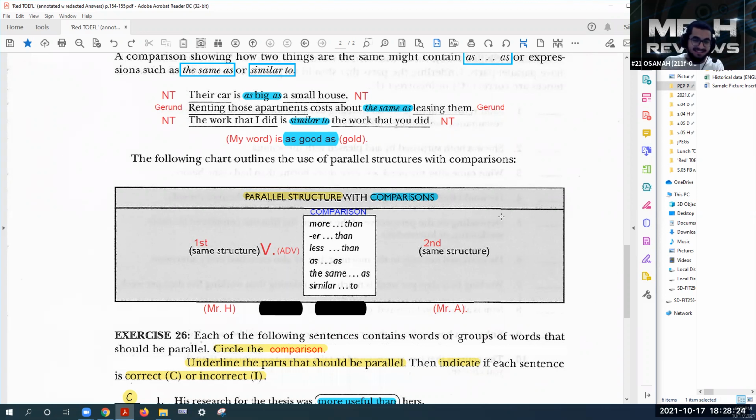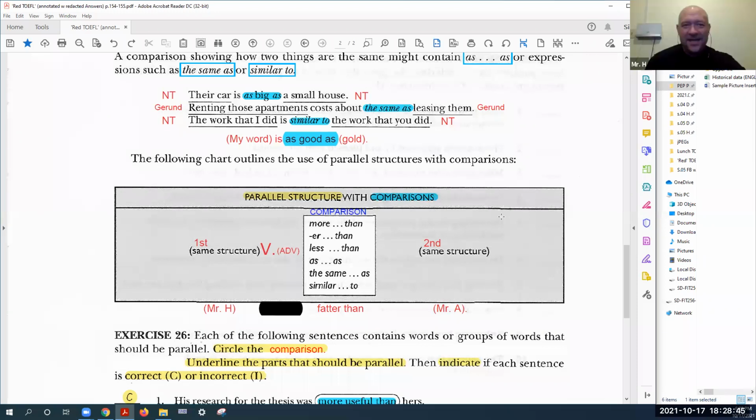Mr. H is less fat than Mr. A. That's false. Give us the real sentence. Mr. H is fatter than. We need to say is, and then more. I wouldn't say very, but much.